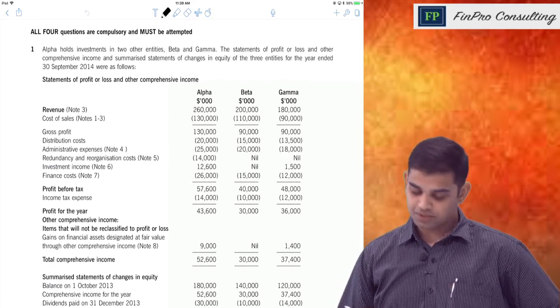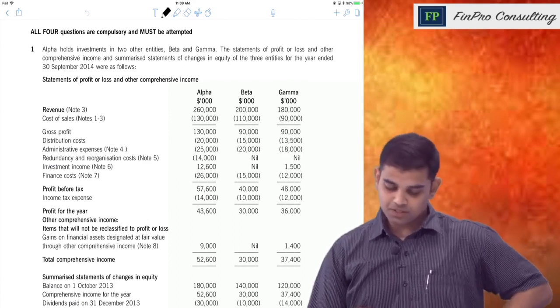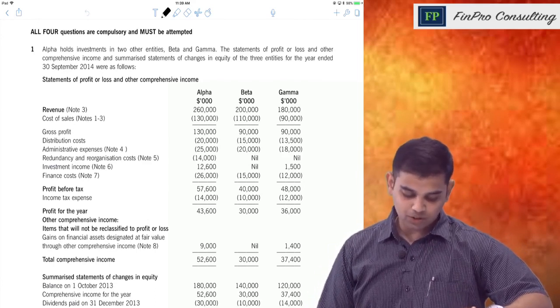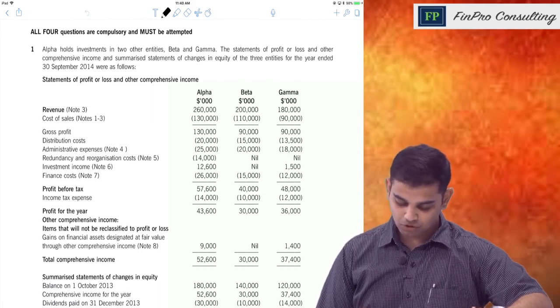Alpha holds investments in two other entities, Beta and Gamma. The statements of profit or loss and other comprehensive income and summarized statement of changes in equity of three entities for the year ended 30th September 14 were as follows.